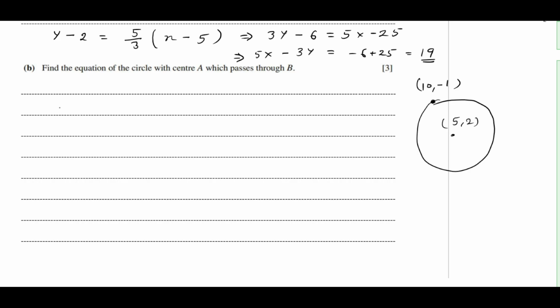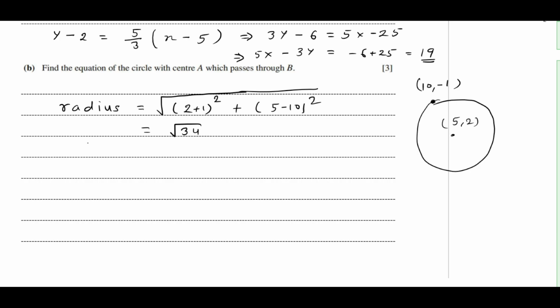So here for the radius, we use the distance formula: the square root of (y2 minus y1) the whole square, that is (2 plus 1) squared, plus (x2 minus x1) the whole square, that is (5 minus 10) squared. So this will give you 3 square plus 5 square, and the square root of that. So it's root 34.